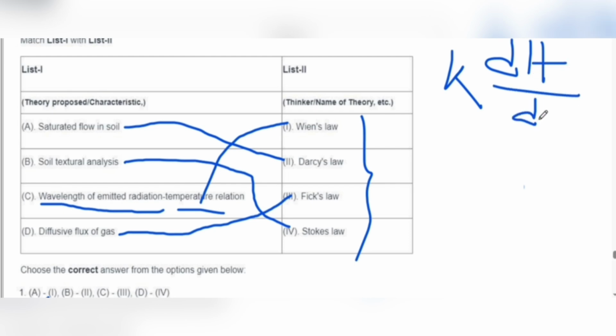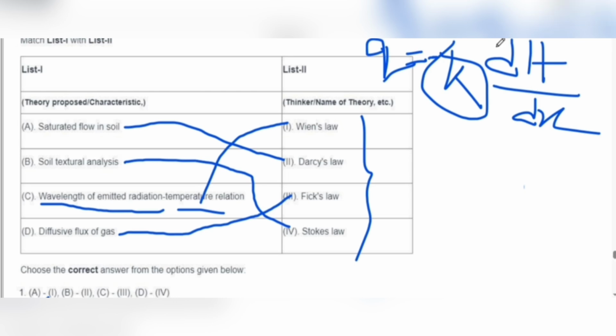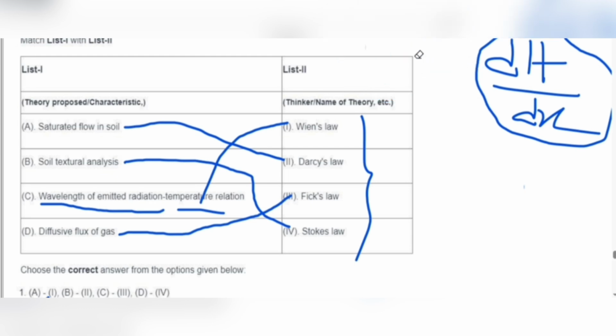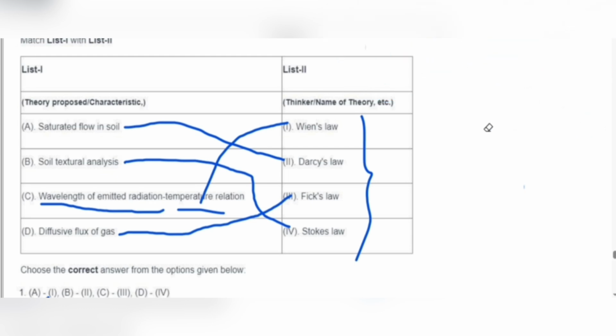The mathematical expression is q, the flux of water, is equal to minus K dh/dx, where K is the hydraulic conductivity and dh/dx is the hydraulic gradient, having saturated flow in the soil. So you have to be very thorough about all these mathematical expressions and the statements of the law, and you have to be very, very careful while studying them because these are very basic concepts and these are very important.